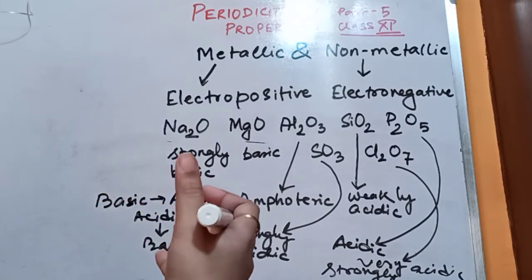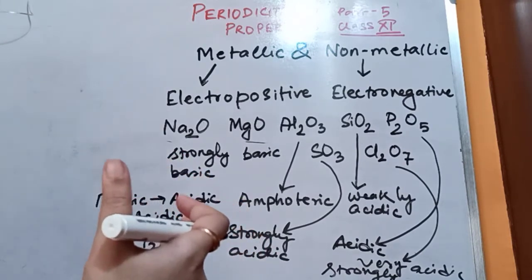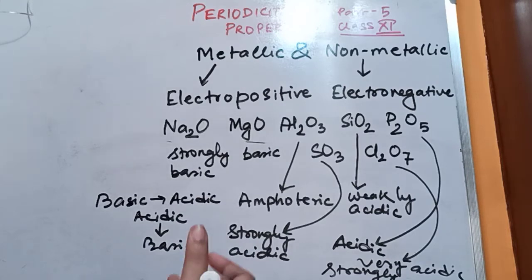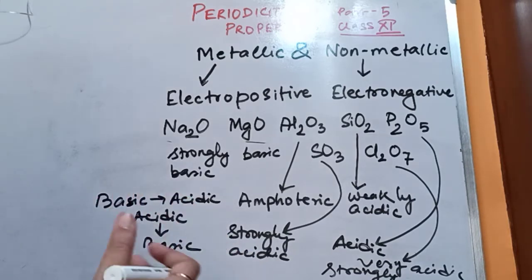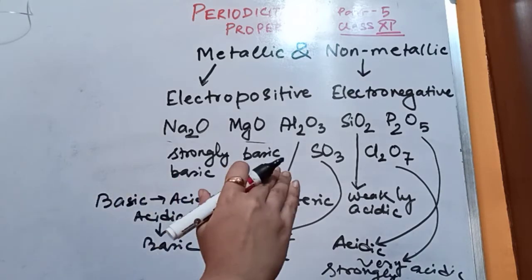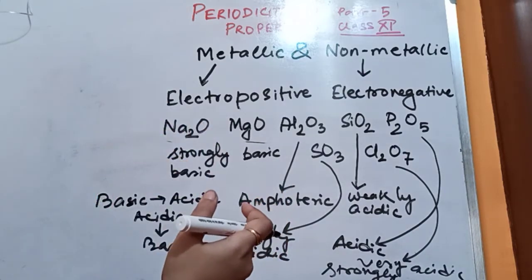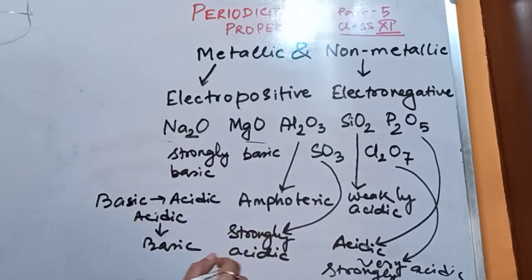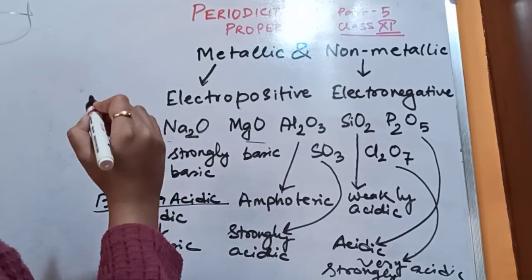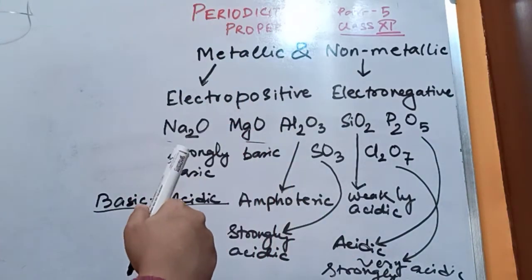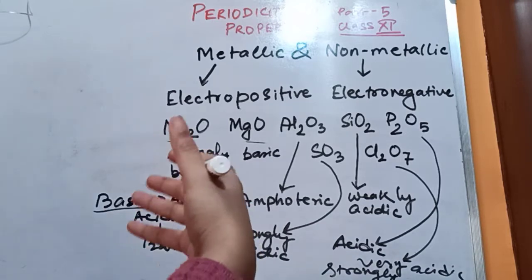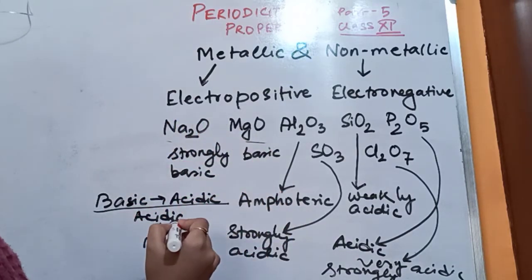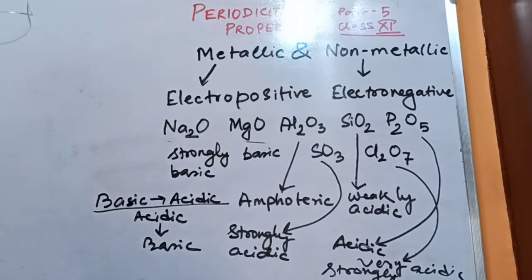Across a period the metallic character decreases, that is the electropositive character decreases. So it is moving from basic to acidic oxide, and down the group the metallic character or the electropositive character increases. So the oxides will change from acidic to basic down the group. Okay, so this is about metallic and non-metallic character.